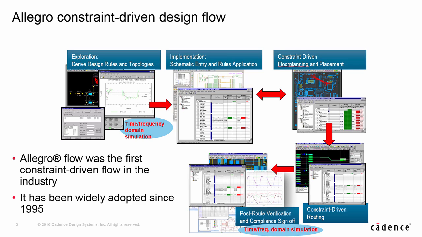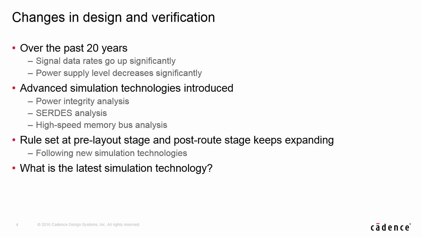1995. The constraint-driven flow first contained only rules to prevent problems with SI and EMI. Over the past 20 years, as technology advances, signal rate goes up and the power supply level goes down, and new simulation methodologies were introduced, like PI analysis, SerDes analysis, and high-speed memory bus simulations.